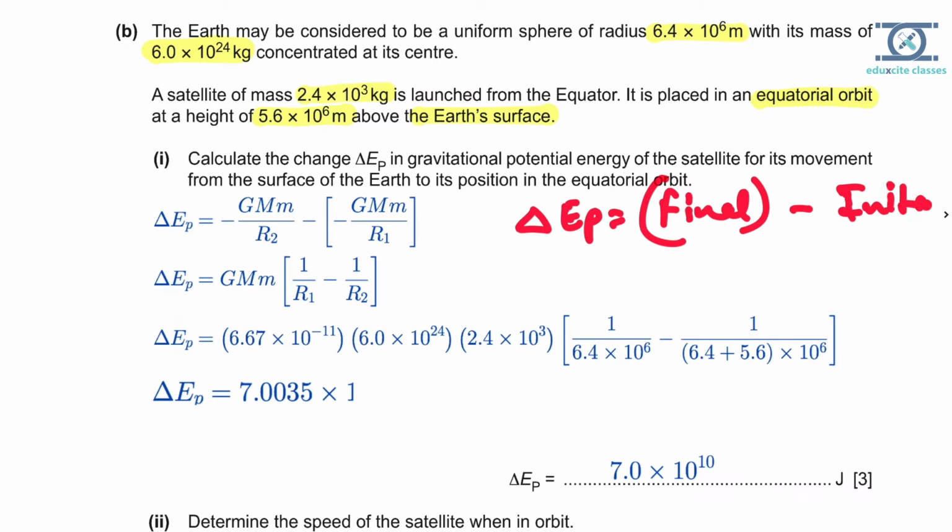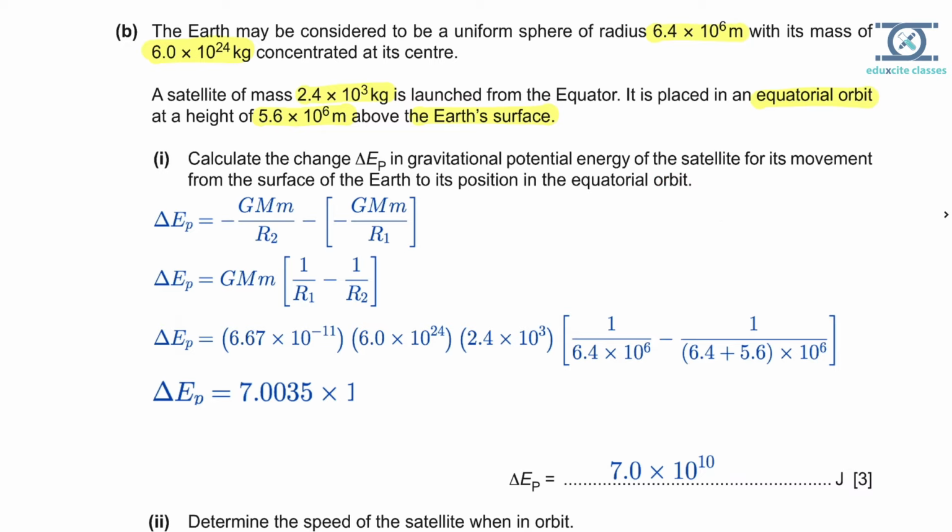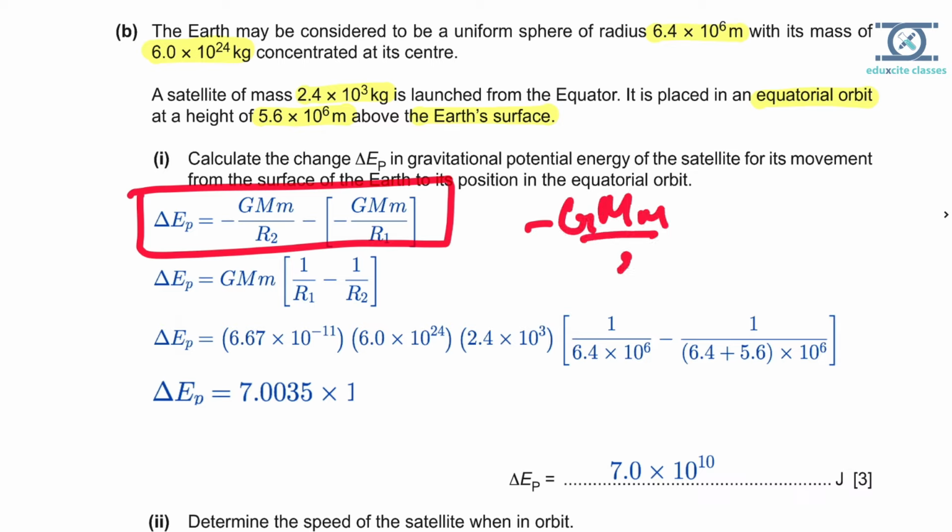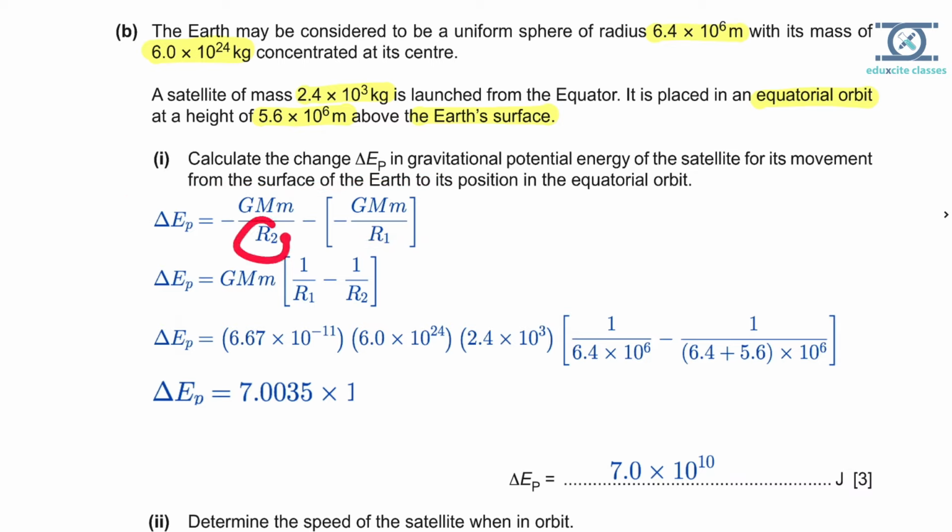And we know that the formula for the potential energy is minus G capital M small m by r. So this R2 denotes the final position and R1 denotes the initial position. Now here the signs are very important. As you can see here, I have taken common G M m, so this minus and this minus gets plus, so 1 by R1 minus 1 by R2.